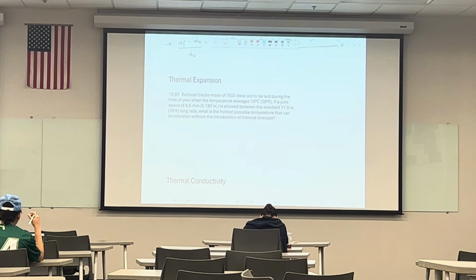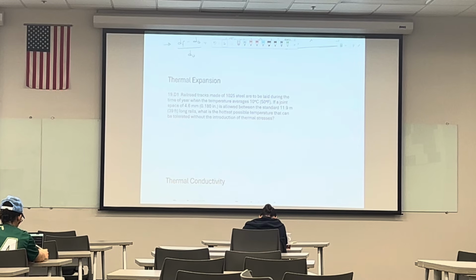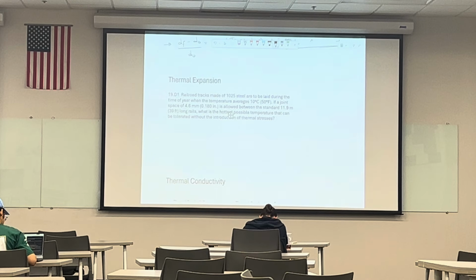So in this problem, the railroad tracks, each end is allowed to expand 1/2 of the joint space distance, or the track may expand a total distance of that 4.6 millimeters that was mentioned here.